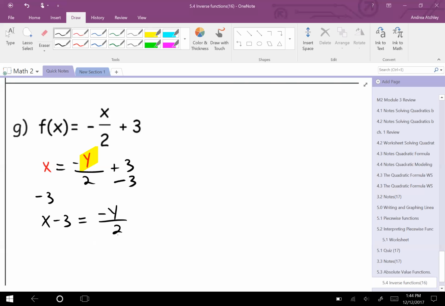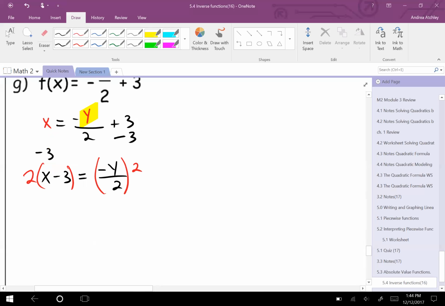Anyone know what I should do now? Very good. It's asking me to divide by 2 right now. So to undo that, I'm going to multiply both sides by 2. That's going to give me 2 times (x minus 3) equals negative y.